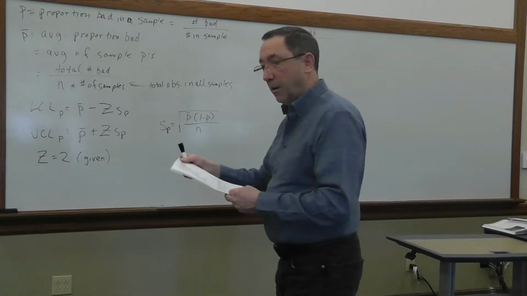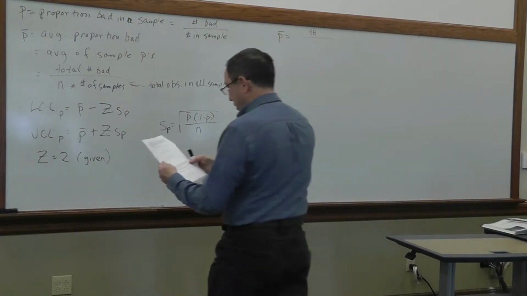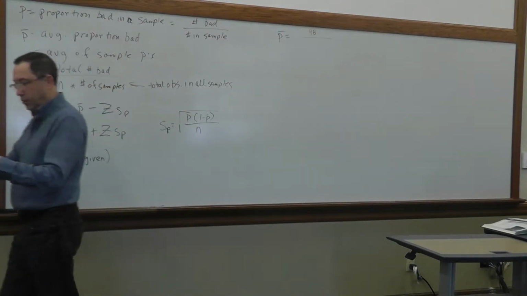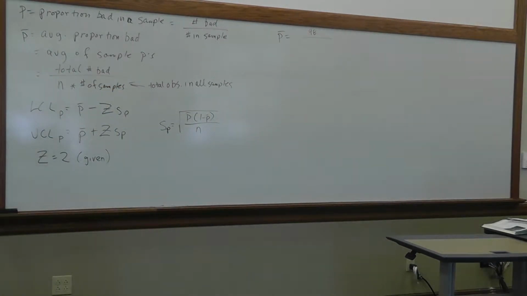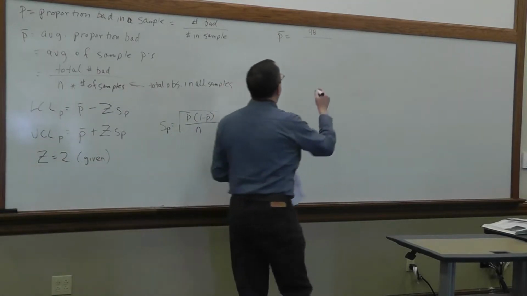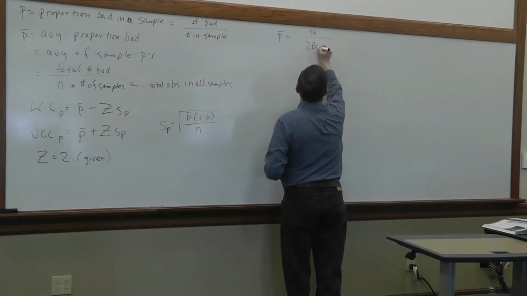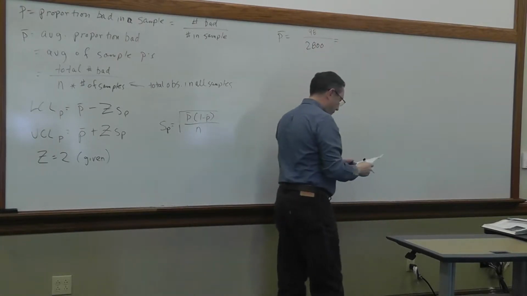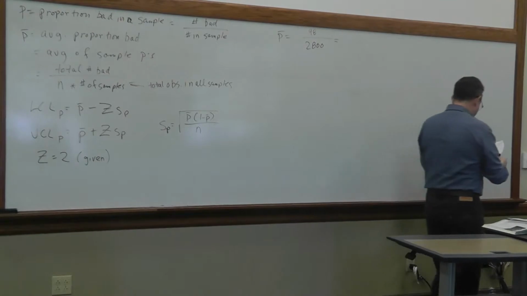Well, let me see. 100 units in each sample, 2 samples a day times 14 days. So 28 samples times 100. 2,800. And we'll plug and chug that number in.